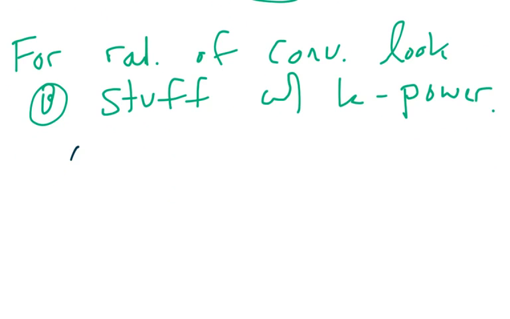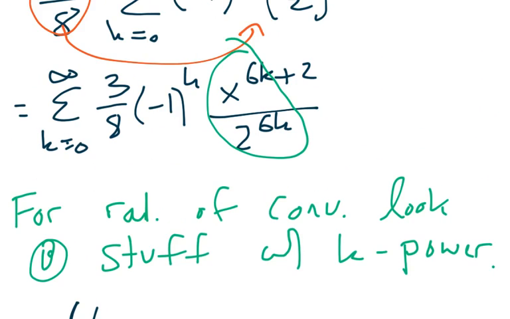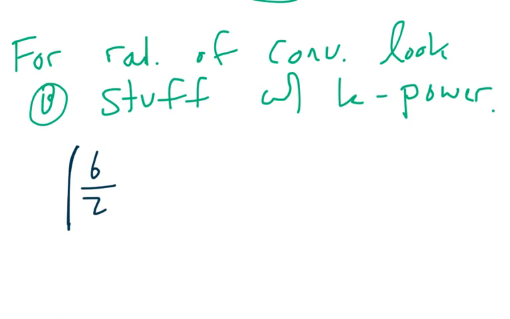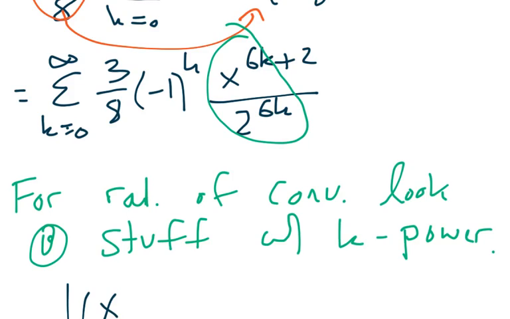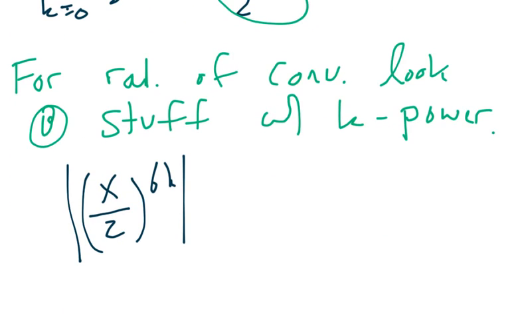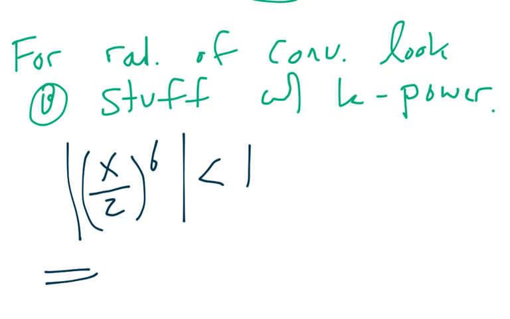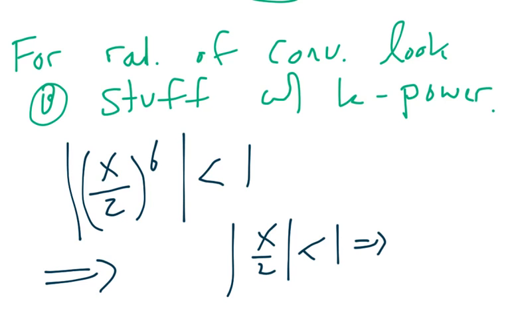Now what we find is that we need the absolute value of x over 2 to the 6k, or just to the 6, right? Because the k we get rid of. It just has to be less than 1, which is true only if the absolute value of x over 2 is less than 1. So we need the absolute value of x to be less than 2. Okay, so that's our radius of convergence right here.